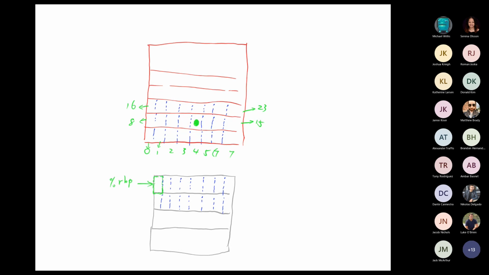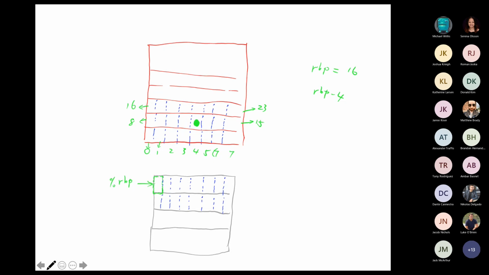If we assume RBP equals 16, right? Then RBP -4 would come to this green dot, right? Or 12. In a similar way, you can imagine here is our RBP.